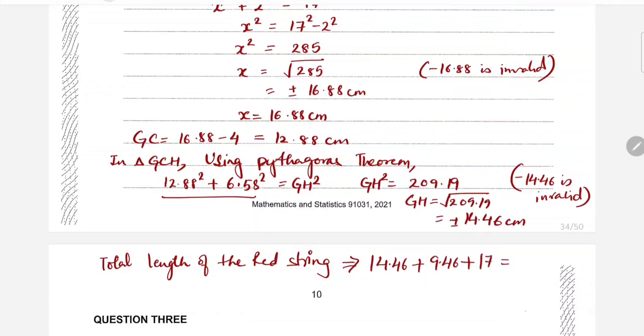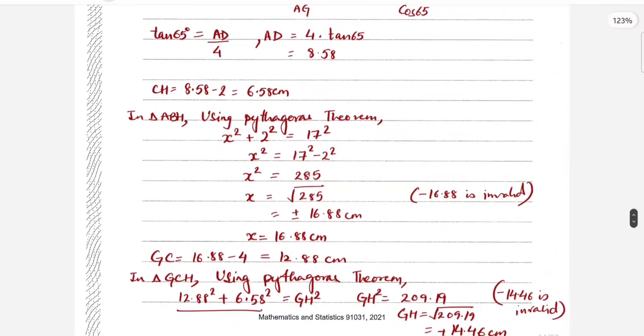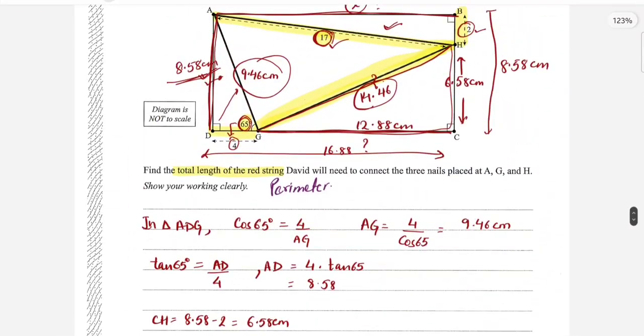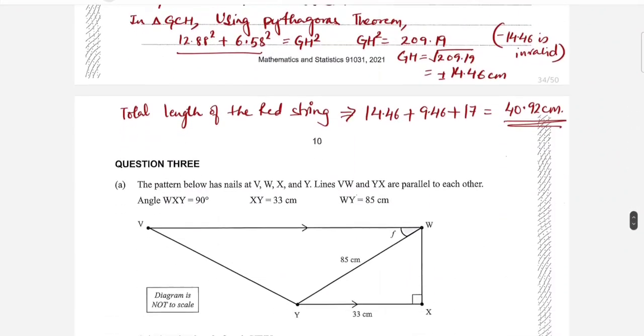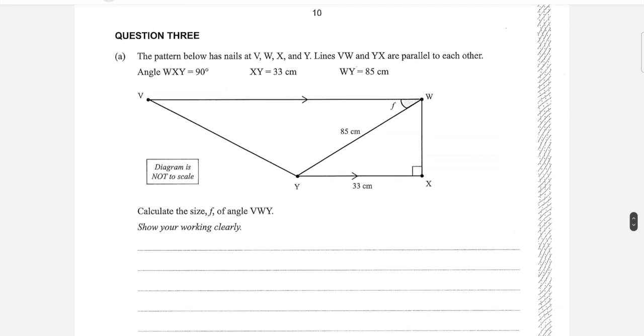Put that into the calculator and it will give you 40.92 centimeters. And that is your final answer. Cool. I hope this makes sense. It is an interesting question. It's a little bit long, but it's really interesting to find all bits and pieces of this shape. Cool. Let's see the next question.